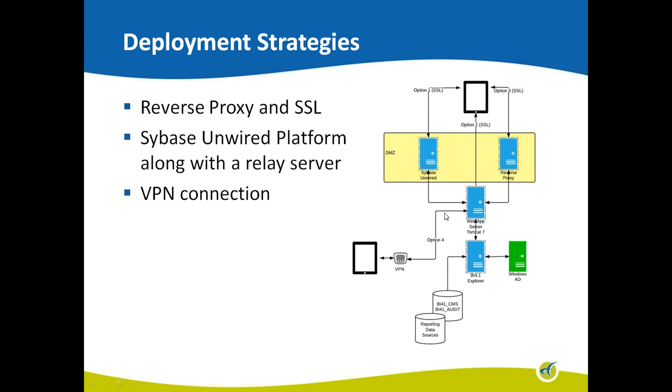A more simplistic type of deployment, not having to look at these structures, would be something as simple as a VPN connection. Taking our mobile device, maybe using Cisco AnyConnect for mobile, and connecting up to that VPN network environment. Then I'm literally on your network, and so I can access your existing web application structure without having to deploy any SSL certificates or any reverse proxy concepts. So this is a simplistic deployment for infrastructure and IT.